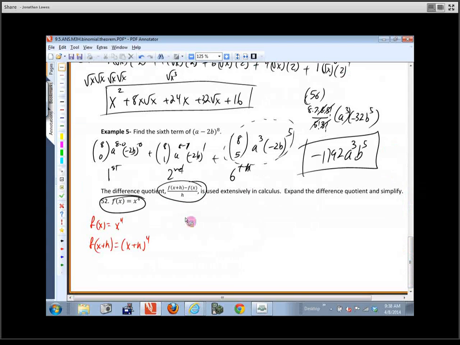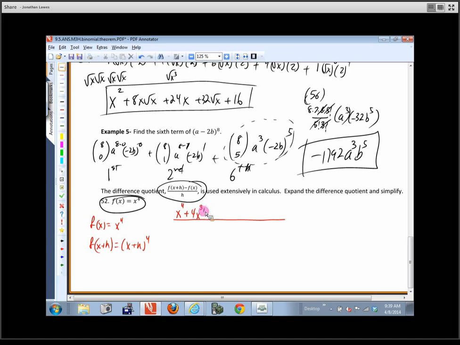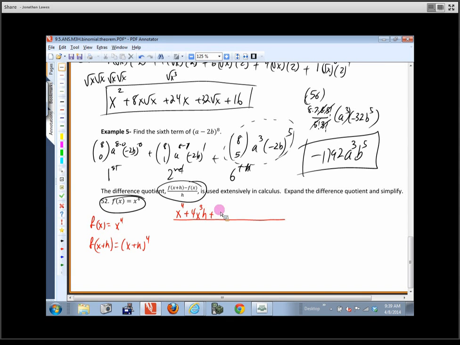This is going to be x to the fourth plus 4x to the third h to the first plus 6x to the second.